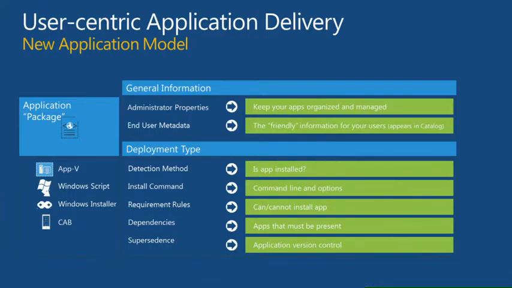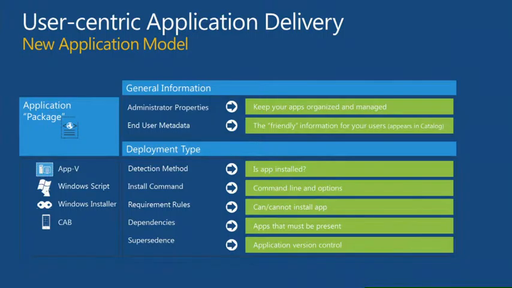So if you are deploying an App-V application, the first thing Configuration Manager will do is look at the rules and say, oh, there is a dependency that the App-V client should be installed on that client before I can install this App-V application. And guess what? Configuration Manager automatically will first install the App-V client, and then will install that App-V application. So that's dependency. That application is dependent on another application, and once you have that relationship defined, Config Manager will do the rest.